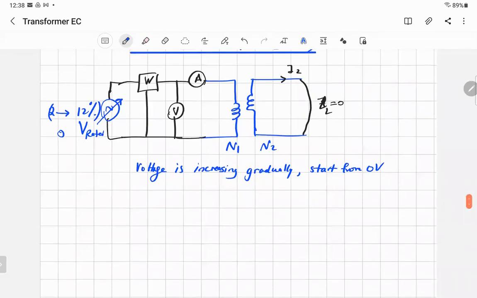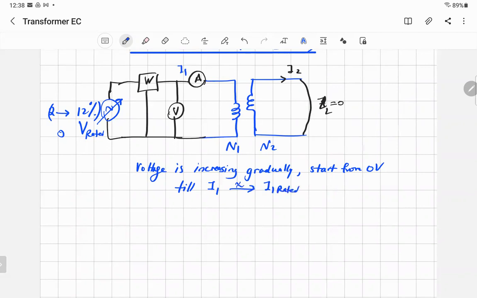So you start from 0, increase it till the current on the side, that's I1, reaches or gets closer to the I1 rated value.